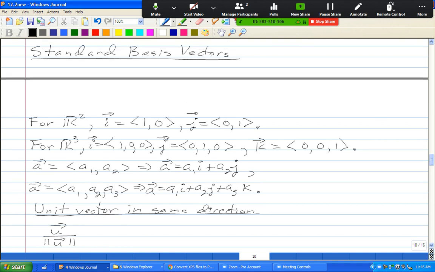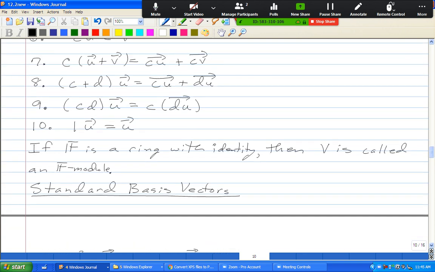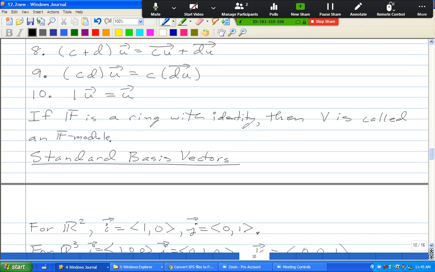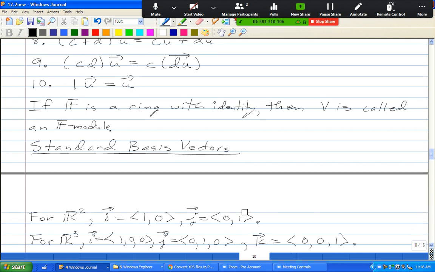If I'm just talking about two dimensions, then the standard basis for R2 will just be I, which is the vector having components 1, 0, and J, which will have components 0, 1. In R3, I will have components 1, 0, 0. J will have components 0, 1, 0. K will have components 0, 0, 1.